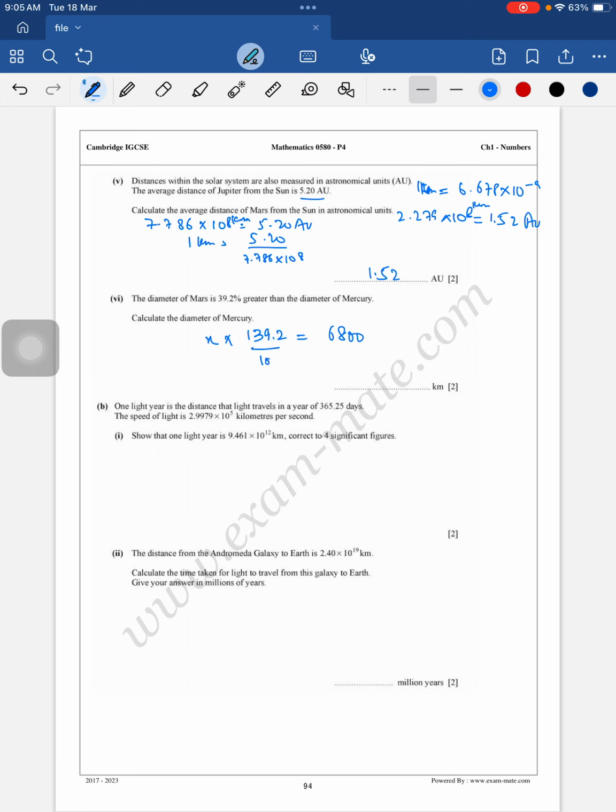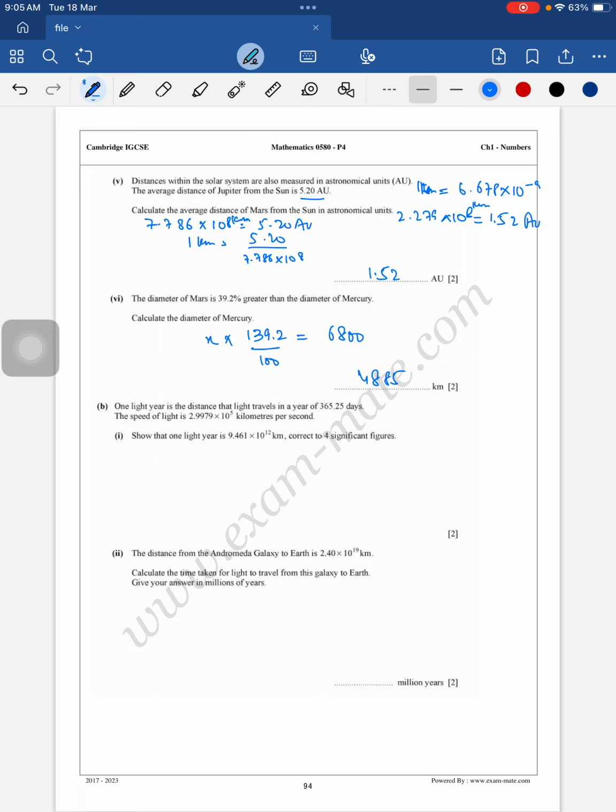So 100% is the value of Mercury, plus the additional 39.2, that is 139.2%, right? So 6800 multiplied by 100 upon 139.2, we are getting 4885 kilometers.